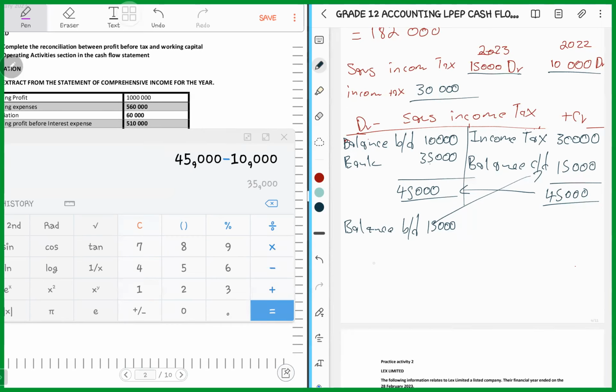What we are going to do is start with a negative debit. Thereafter, you're going to add the IT, which is the income tax. Then we're also going to add the debit balance at the end.